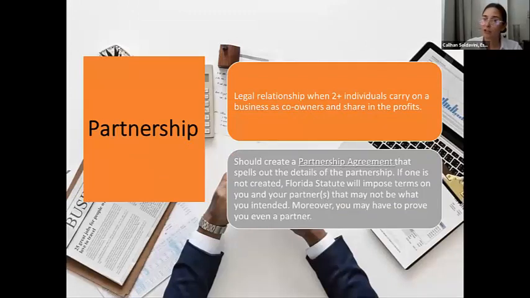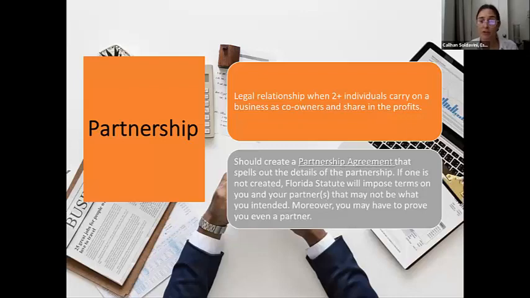Similar to a sole proprietorship is a partnership. It's pretty much the same thing, but instead of one person, it's two or more individuals carrying on a business as co-owners and sharing in the profits. So if you're working with someone in a business, you're sharing in profits and you're both managing the business, but you haven't actually registered your business with the state, then the law is going to interpret that you're a partnership.